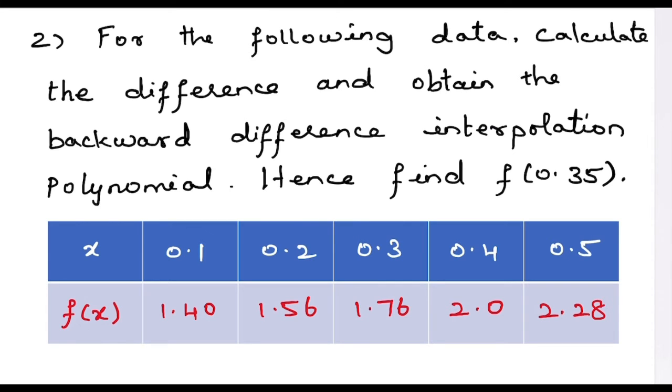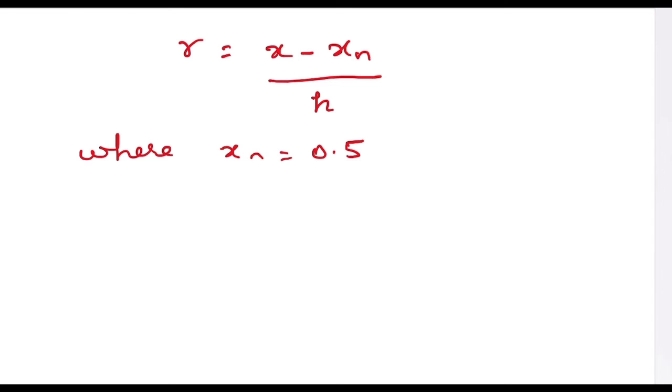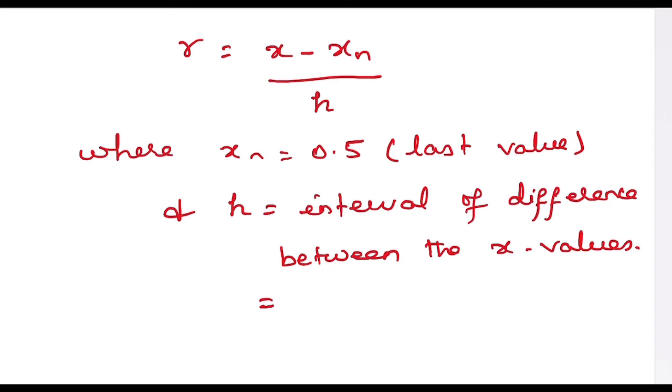backward interpolation, we have our r is equal to x minus xn divided by h, where xn is our last value in the table, which is equal to 0.5, and h is equal to the interval of difference between the x values, which is equal to 0.2 minus 0.1 is equal to 0.1.